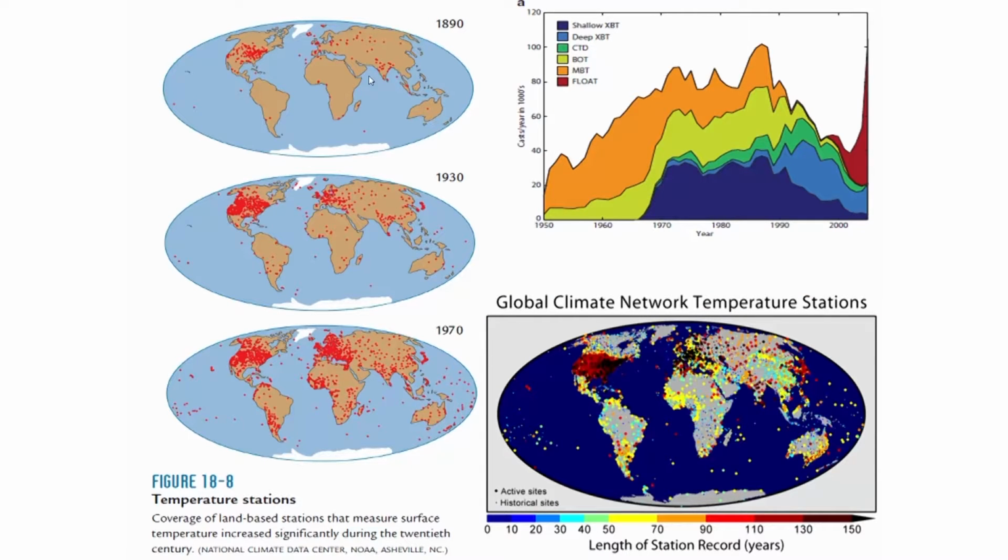On the ground, you have ground stations from 1890 to the present. They have increased in number constantly, and this is the latest one. You can see how extensive the coverage is, plus the length of the records. Some of them are now almost 150 years long. Some of them here that started during the British time have been collecting data for 150 years.